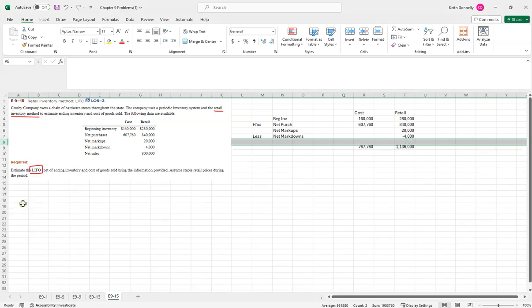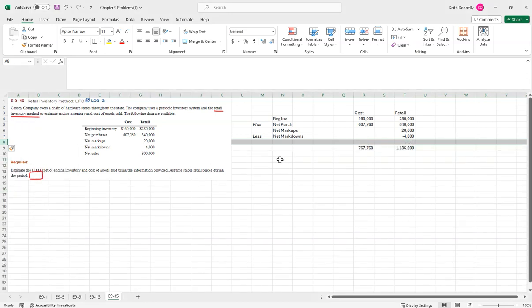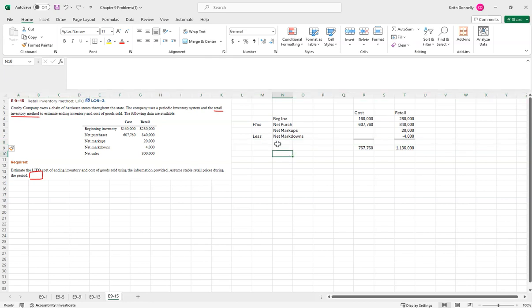We have to do two columns here for this because it's LIFO. So we have to have two goods available for sale. We're going to have goods available for sale excluding beginning inventory and goods available for sale including beginning inventory.